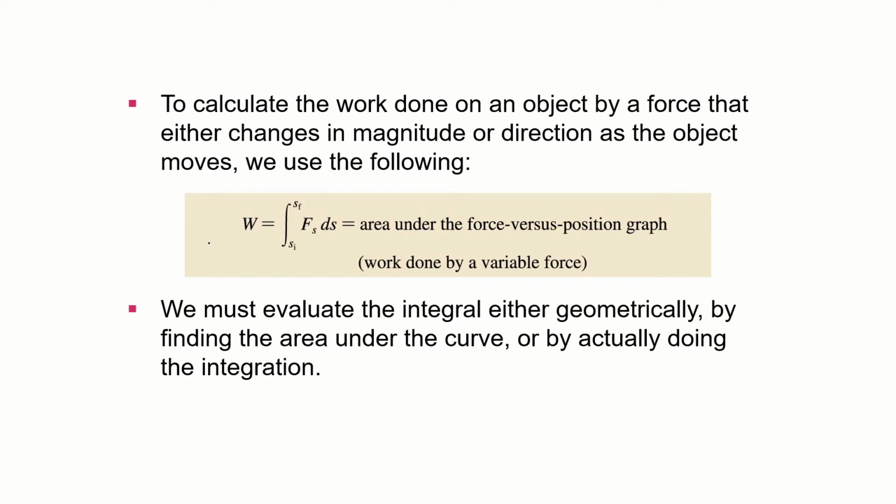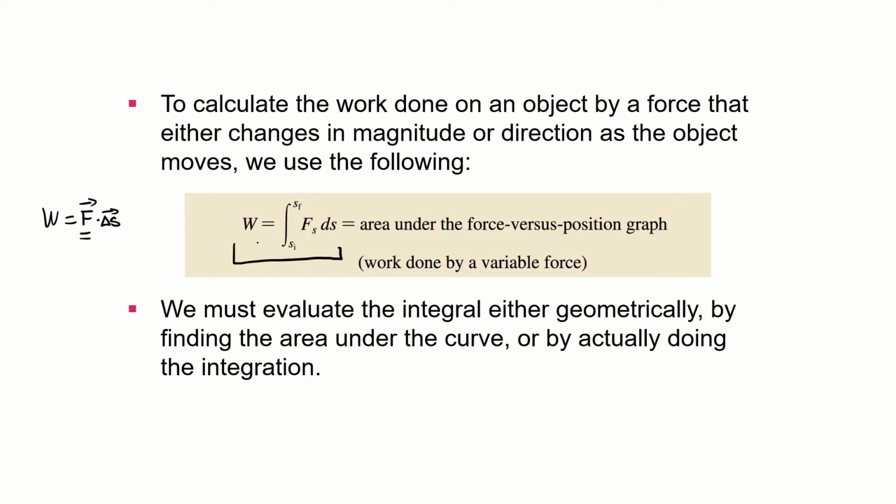So to see that, recall how we first defined work. If you remember, we went through the derivation from Newton's second law, but work for any force was shown to be the integral of the force with respect to the displacement between the start and the end points, right? And then we said, well, if this force is constant, we can pull it out, and the work for a constant force was just F dotted with delta S. That's what we talked about last time.